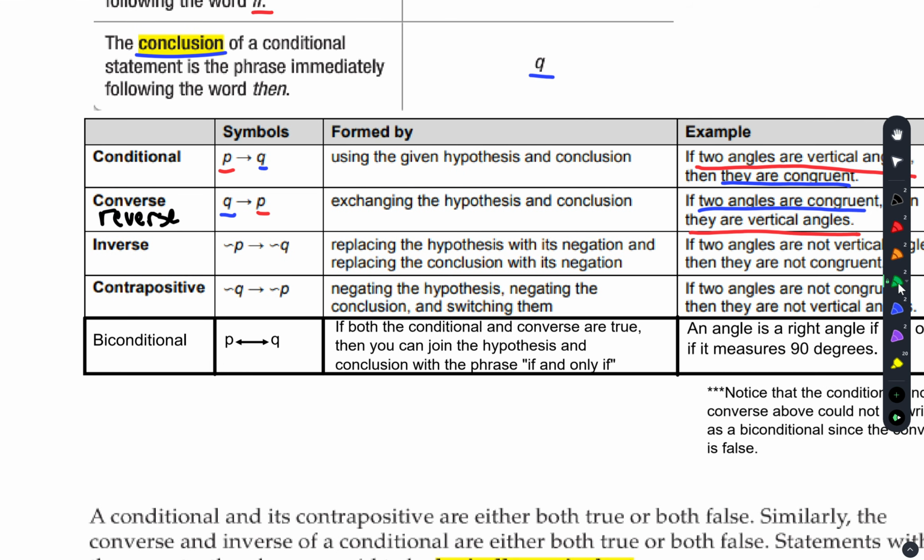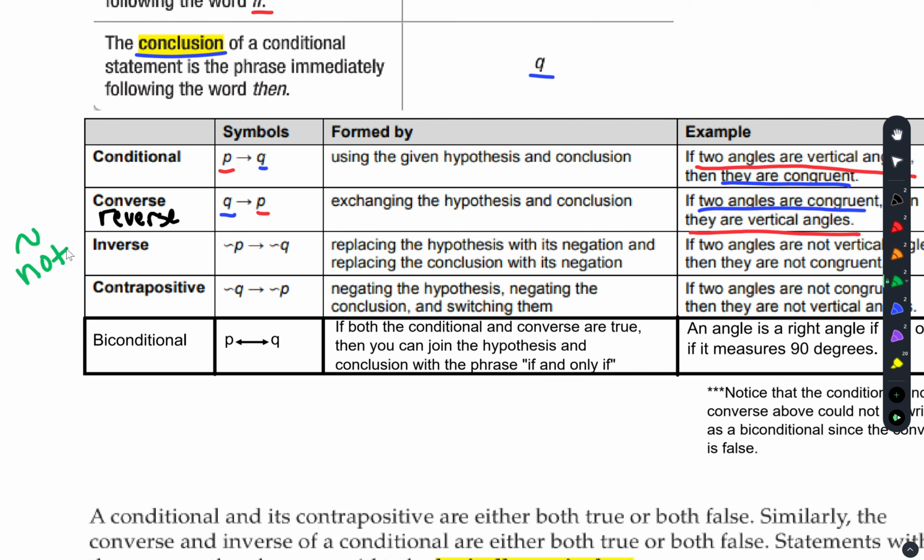Now, something else that we can do with our statements is what we call negate them. So I can do the opposite of a statement. We see this little symbol right here. That's like a little squiggle. That means not.